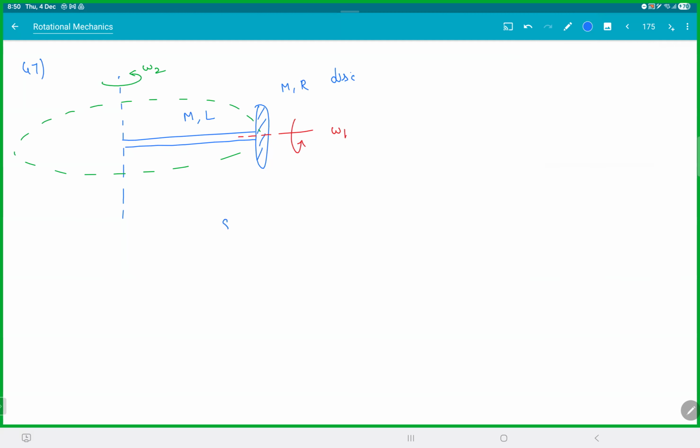This is like a swinging table fan. Are you getting how it is? The disc itself is rotating, and the rotating disc itself is going in another circle. Find the kinetic energy of the system.